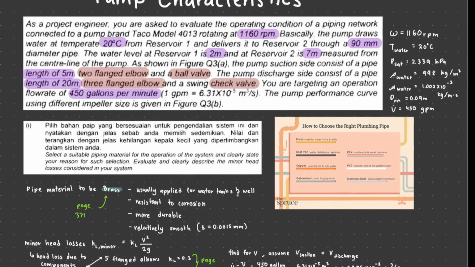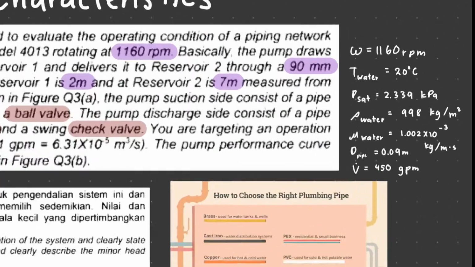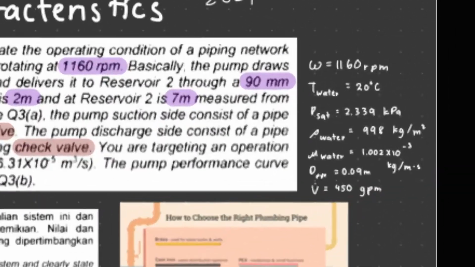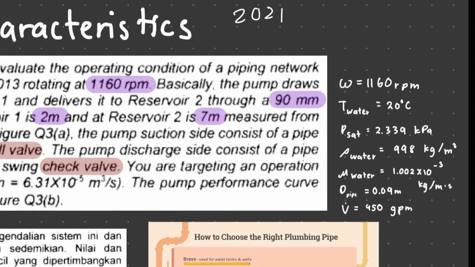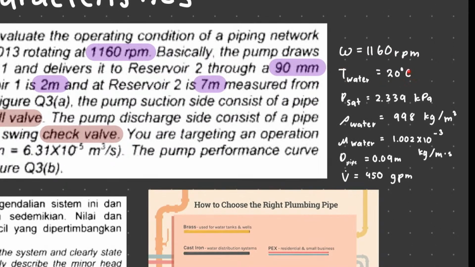Okay. So from the question here, you guys can read it. What we want to consider is, first, the RPM of 1160. This is the temperature of the water. From the temperature of water, you can find the P saturation, density, dynamic viscosity, diameter, and the flow rate.